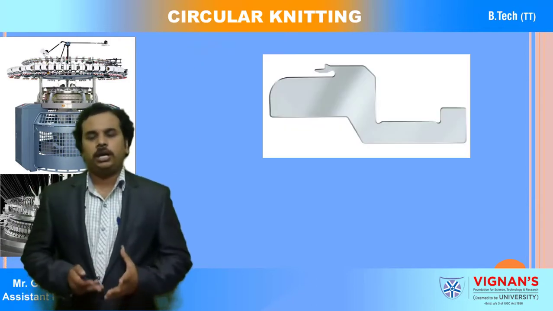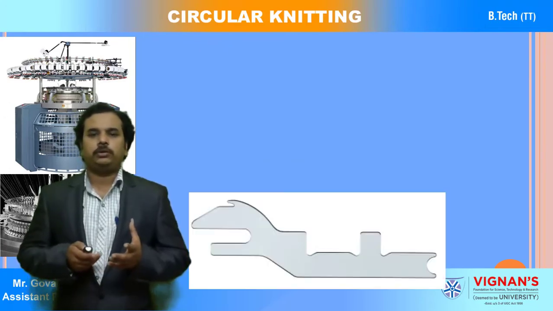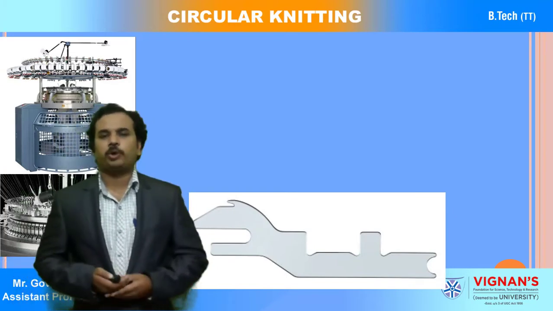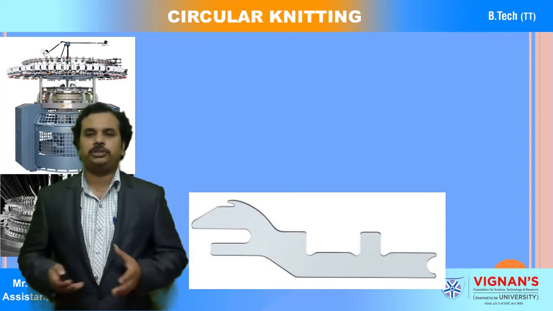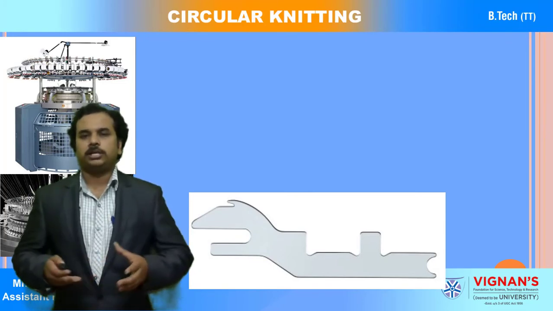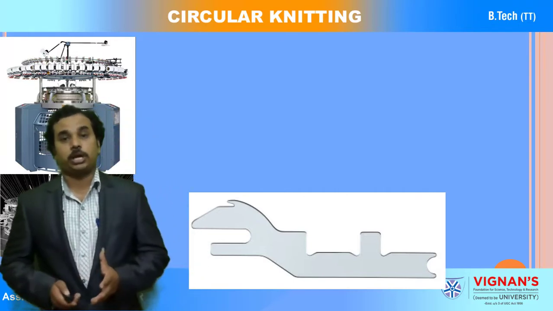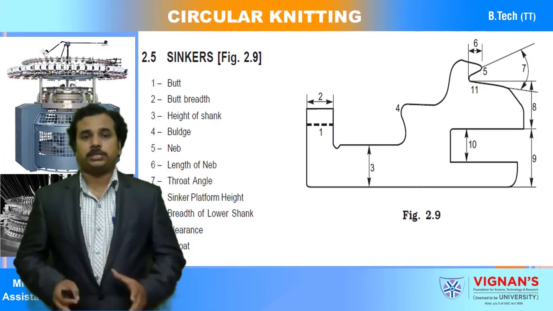You can see here the sinker parts, these are the different types of sinkers. This generally depends upon the gauge of the machine and how many needles per 1 inch are available, and the cylinder circumference; accordingly the sinker dimensions are going to vary. You can observe there are different parts in the sinker.